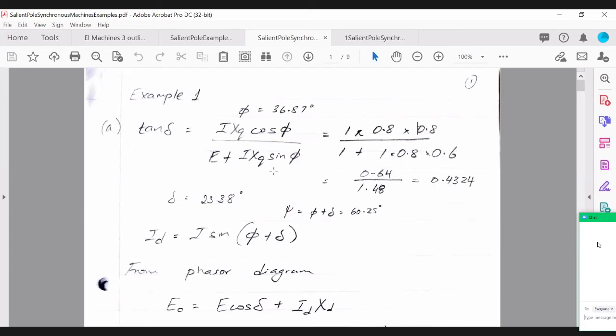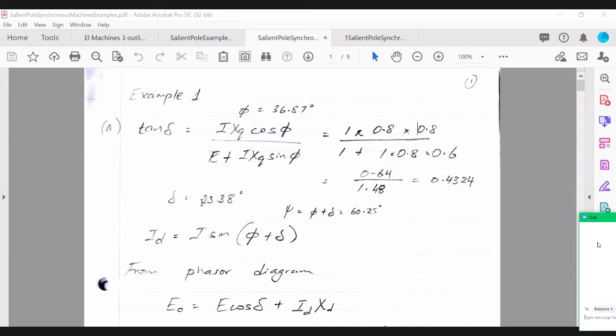What is important here is if it's operating at rated load, your terminal voltage will be 1 per unit, and your current is also 1 per unit because it's operating at full load. So if you substitute in this equation that we've derived earlier, you can determine the value of tan delta, which is 0.4324, and obviously you can determine the value of delta.